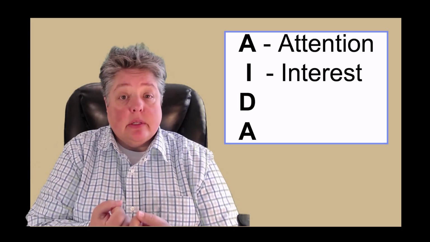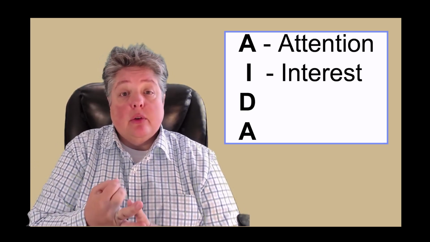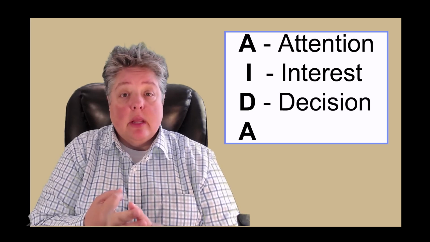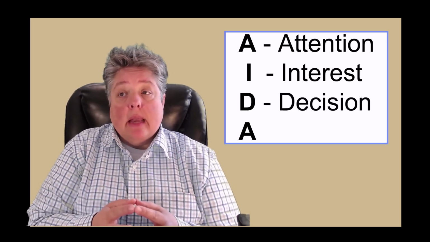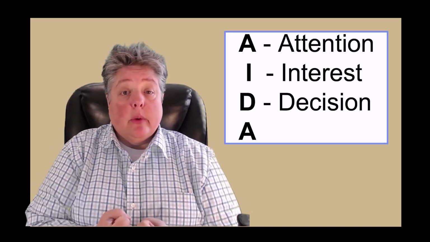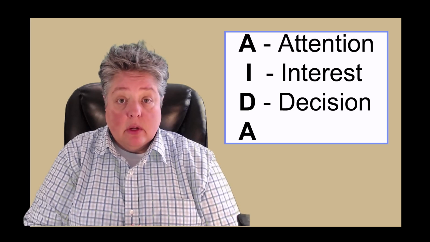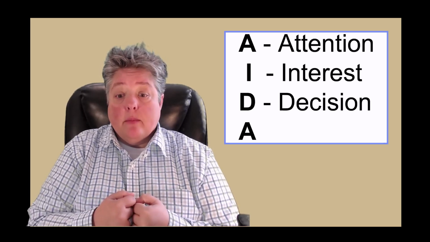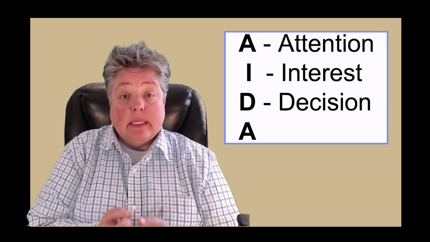Now that you've gotten their attention and you've gained their interest, you need to help them make a decision. That's the second part of the body. The way that you do that is by citing reader benefits for signing up for this product or service. This is where you would utilize your bulleted lists.